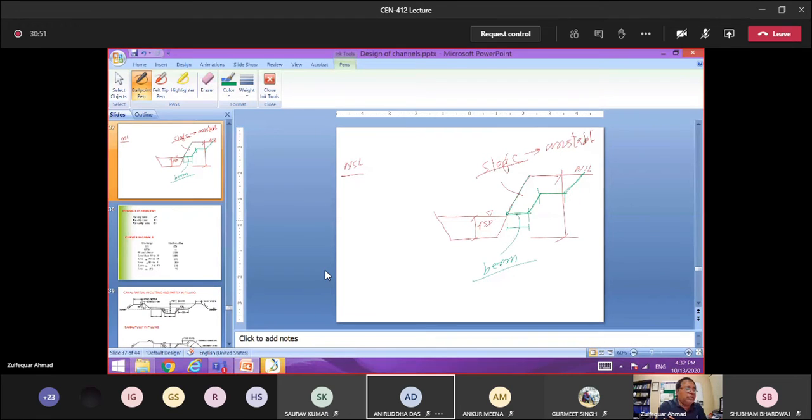If the depth of the flow here is D, then the berm is provided with a minimum of 2D. If it is in partial cutting, partial filling, then it is provided in a different way. So I have introduced here one term, the so-called berm. I've introduced some more terms, and I think you might have understood this. Let me introduce some other terms here also.